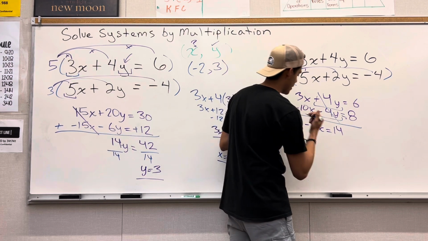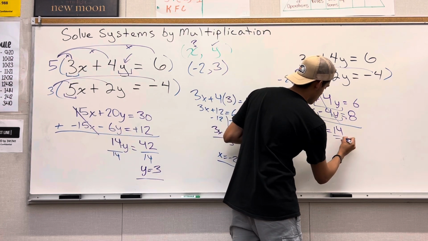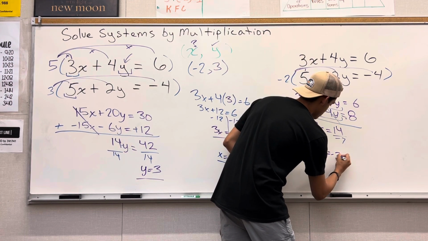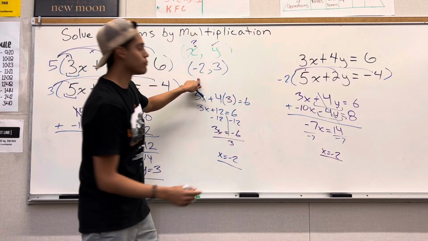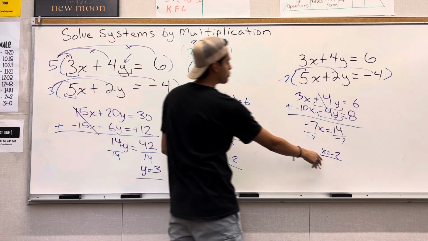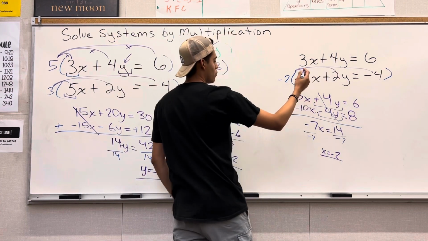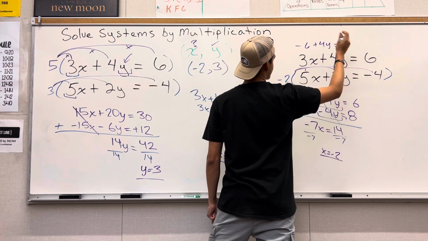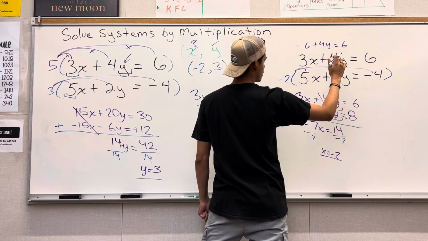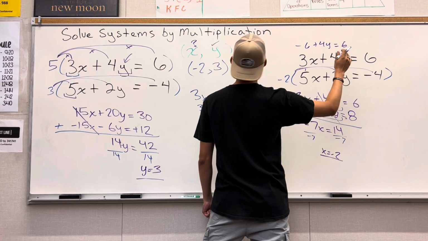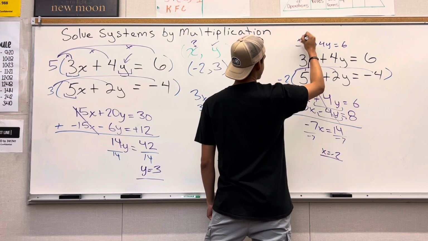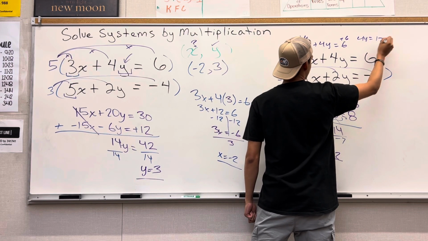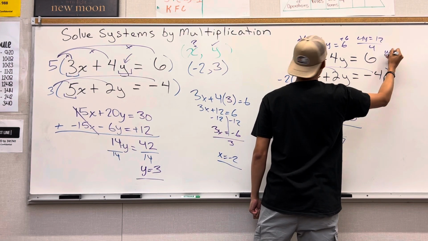Divide both sides by negative 7, and we have x equals negative 2. And as you see, boom, x equals negative 2. If we plug it into the same equation, we'll have negative 6 plus 4y equals 6. Add 6 to both sides, and you have 4y equals 12. Divide by 4, y equals 3.